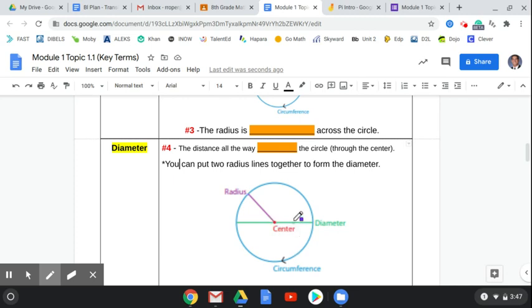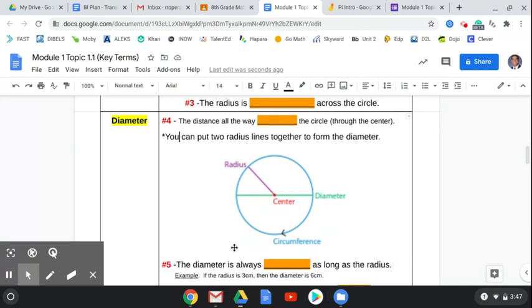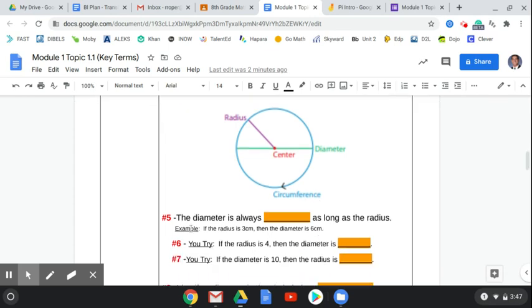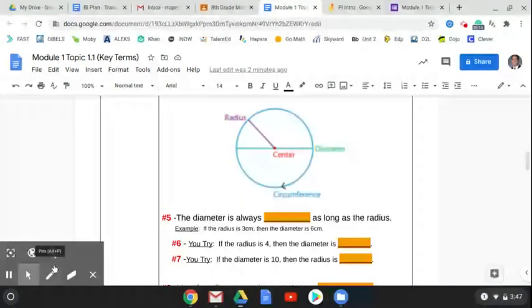Okay, so number 5 right here says the diameter is always twice as long as the radius, because 2 radii make a diameter. So for example, if the radius is 3, that means the diameter is 6.